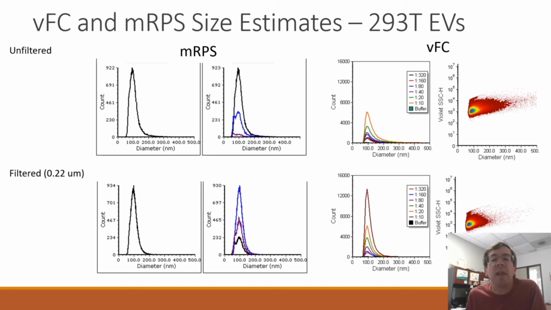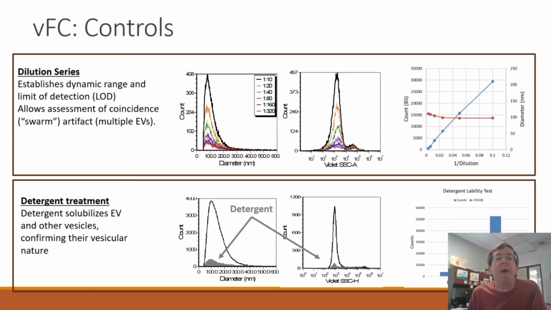You can see a dilution series to show that that size distribution doesn't really depend on the concentration. And if one looks closely, one can see slightly different size distributions based on whether these have been filtered or not through a 0.22 micron filter. So the size estimates are concordant with those other methods.